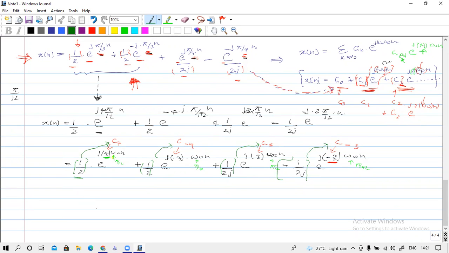So the coefficients are these: C4 is equal to half, C minus 4 is equal to half, C3 is equal to 1 by 2j, and C minus 3 is equal to minus 1 by 2j, correct? So these are the coefficients.